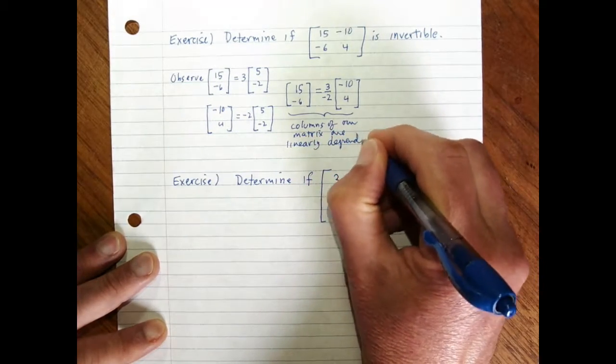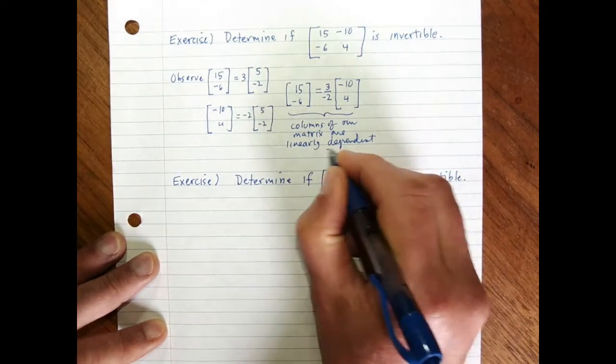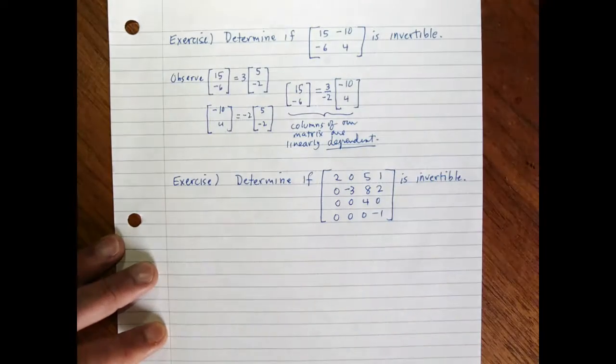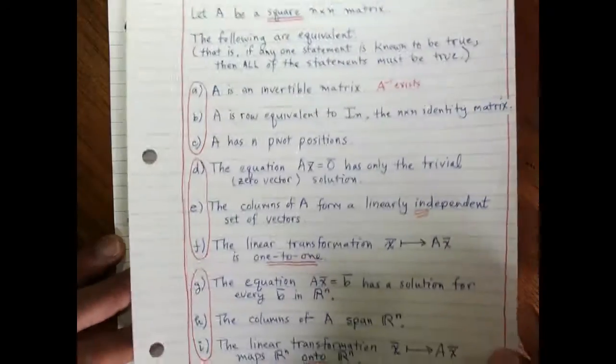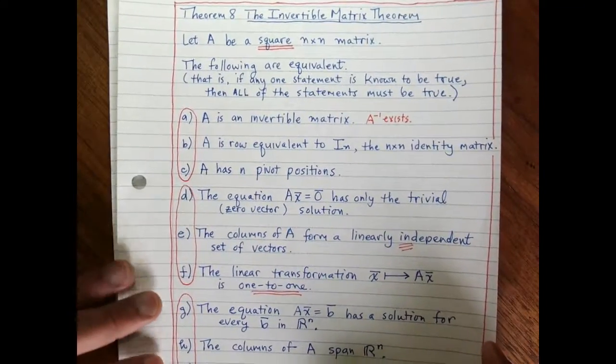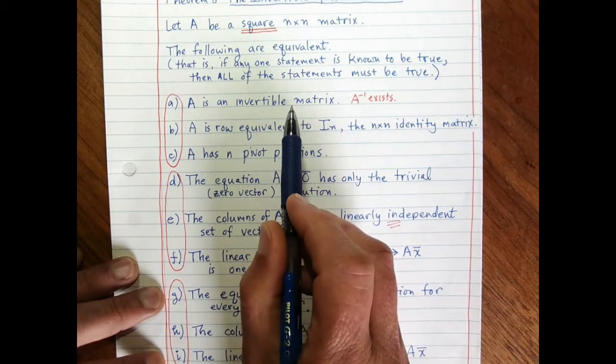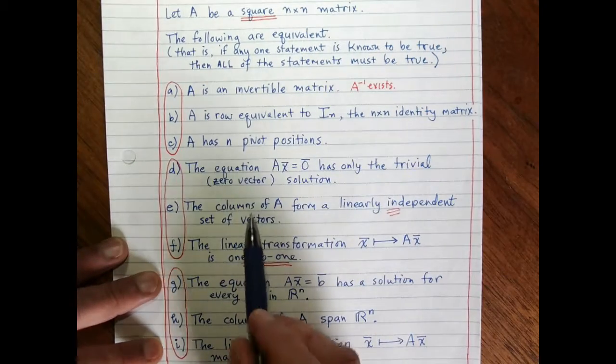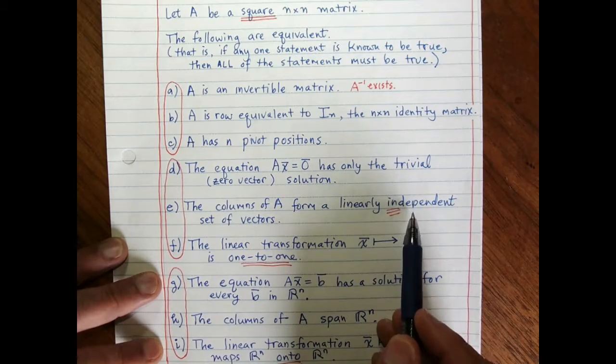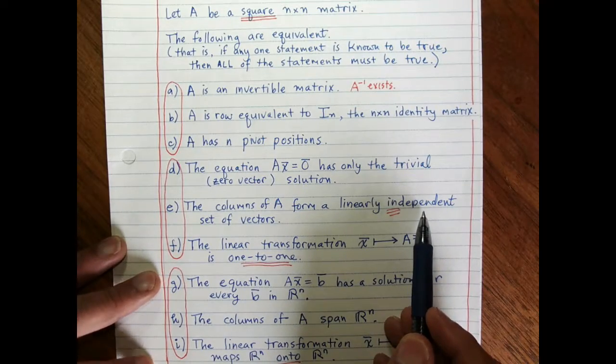That was one of our shortcuts to recognizing linear dependence. From Theorem 8, for a matrix to be invertible, the columns of the matrix must be linearly independent.